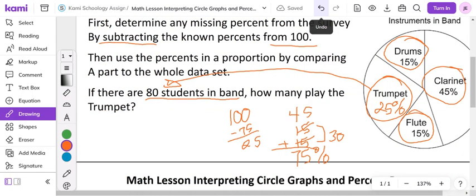So we go down here, and now we can use proportions, what we worked on earlier in the year. It's asking about how many students play trumpet. So we have trumpet, and the trumpet is out of how many students you have in the band. So we can just say trumpet to students.